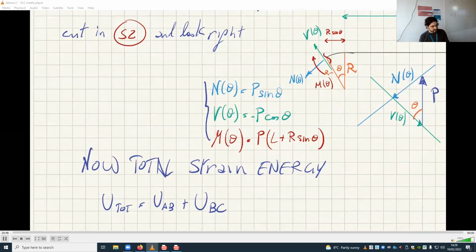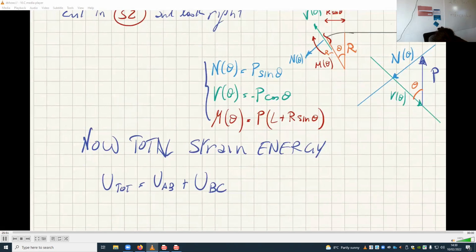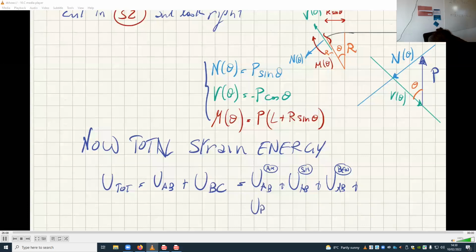This is axial, shear, and bending, so all three. So ideally, this would be UAB axial plus UAB shear plus UAB bending plus UBC axial plus UBC shear plus UBC bending.